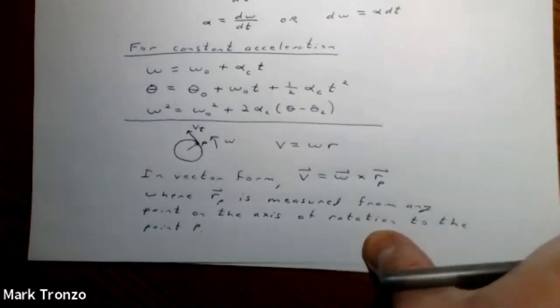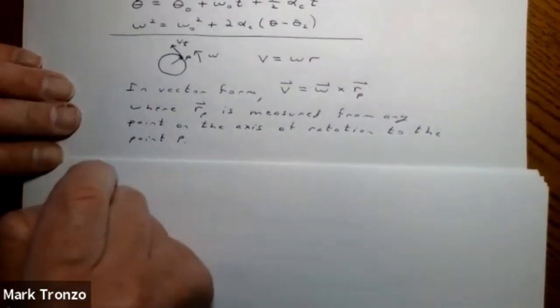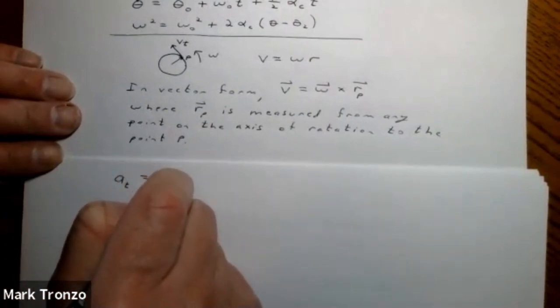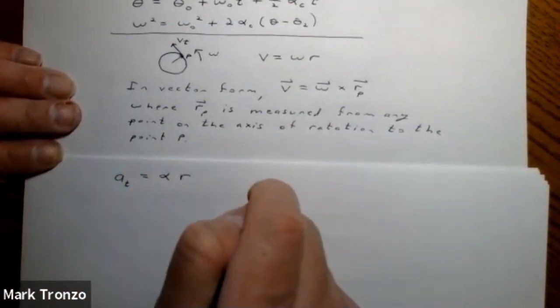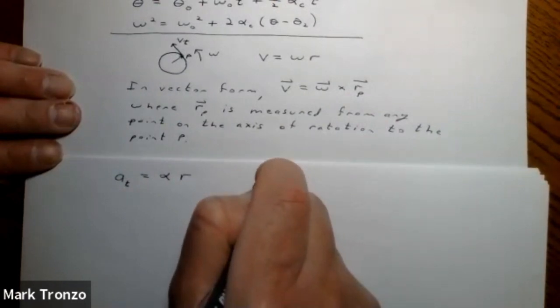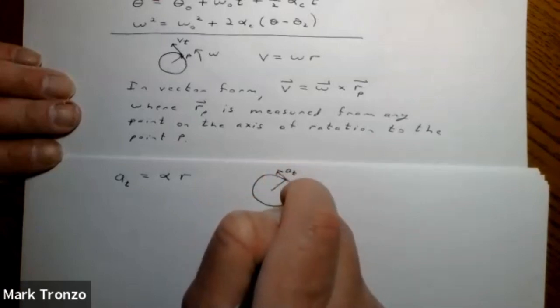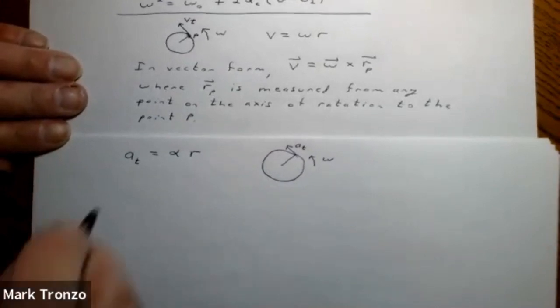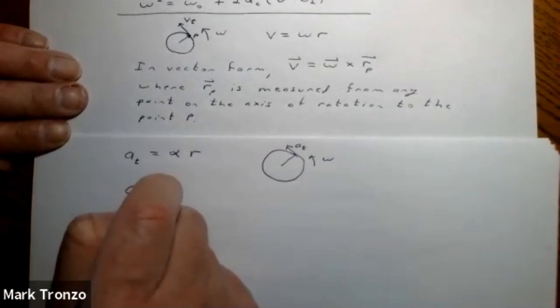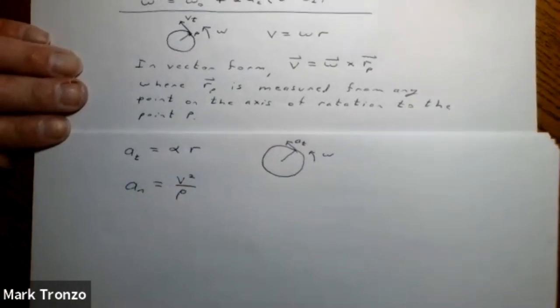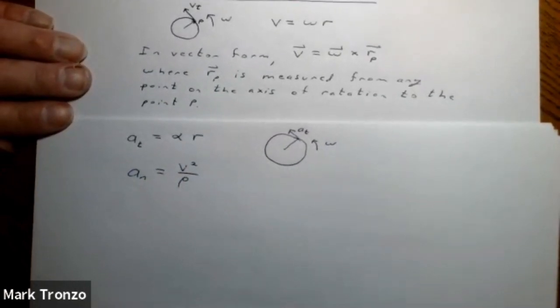And we're going to have some things that we had previously, of course. The tangential acceleration is going to be equal to alpha times r. Once again, if you have a disk or something like this, the tangential acceleration is going to be alpha r. And then something you've used lots of times is the normal acceleration, velocity squared divided by rho.